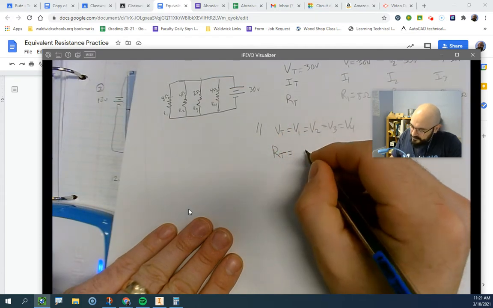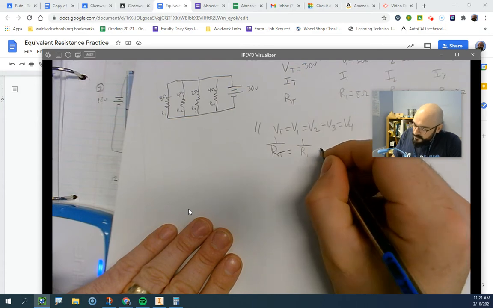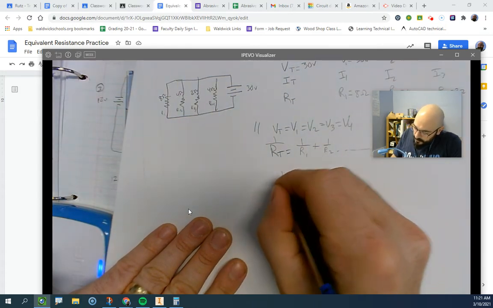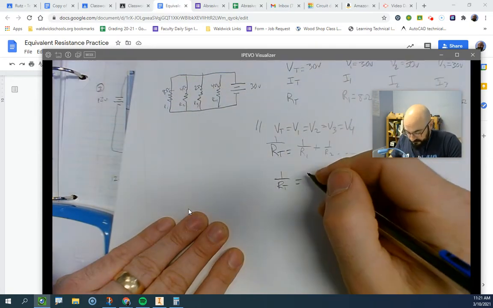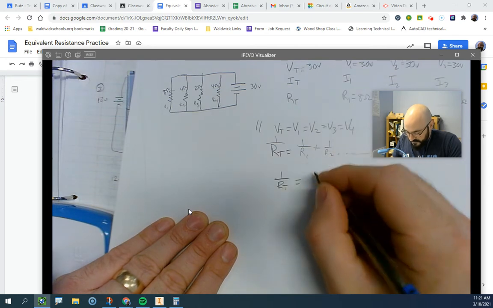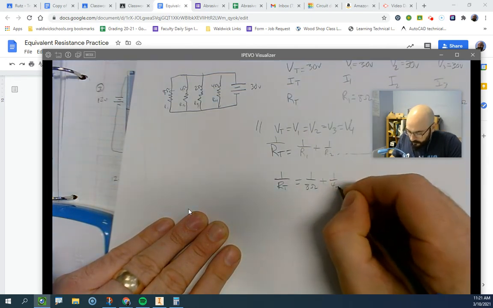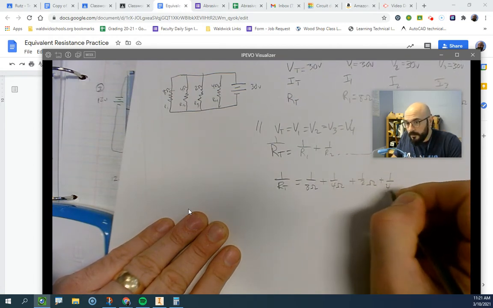1 over RT equals 1 over R1 plus 1 over R2, and so on. So 1 over RT equals 1 over 8 ohms plus 1 over 4 ohms plus 1 over 2 ohms plus 1 over 4 ohms.